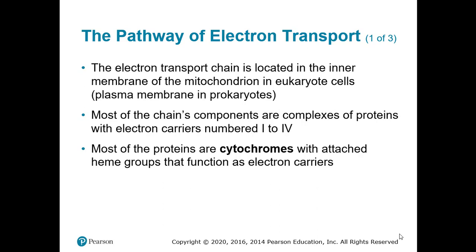Most of these proteins are called cytochromes, and they have heme groups. Heme is the same group as in our hemoglobin, so it can carry metal ions, and that's going to function as the electron carrier.